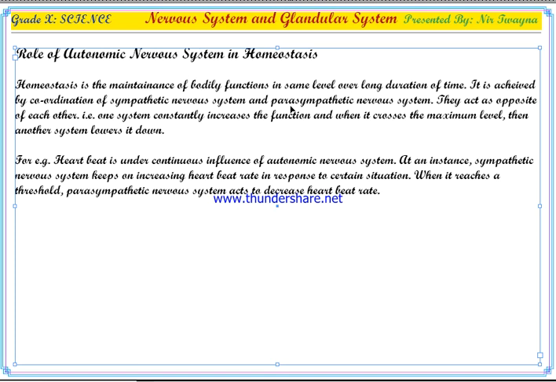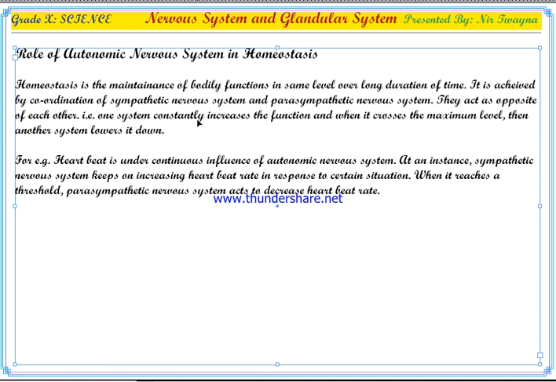Let's read this and take the note. Homeostasis is the maintenance of bodily functions at the same level over a long duration of time. It is achieved by coordination of the sympathetic nervous system and the parasympathetic nervous system. They act as opposites of each other.